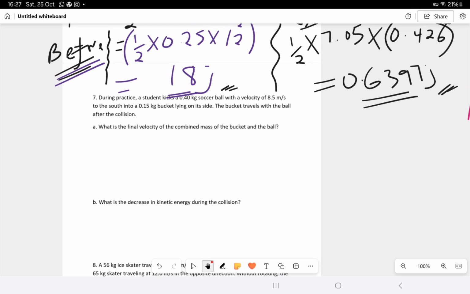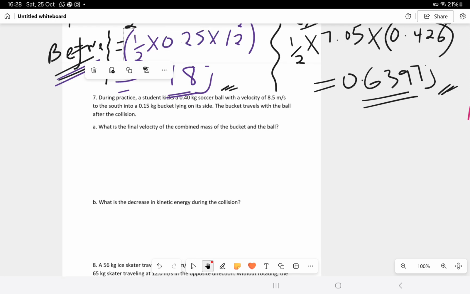During a practice, a student kicks a 0.40 kg soccer ball with a velocity of 8.5. So this is M1 and V1, correct? To the south, onto a 0.15 kg bucket lying on its side. Lying means it's at rest.